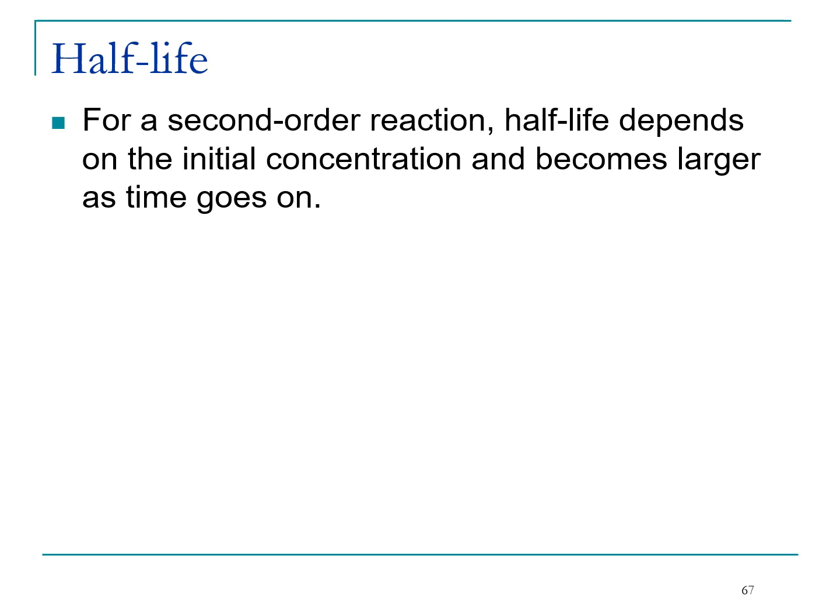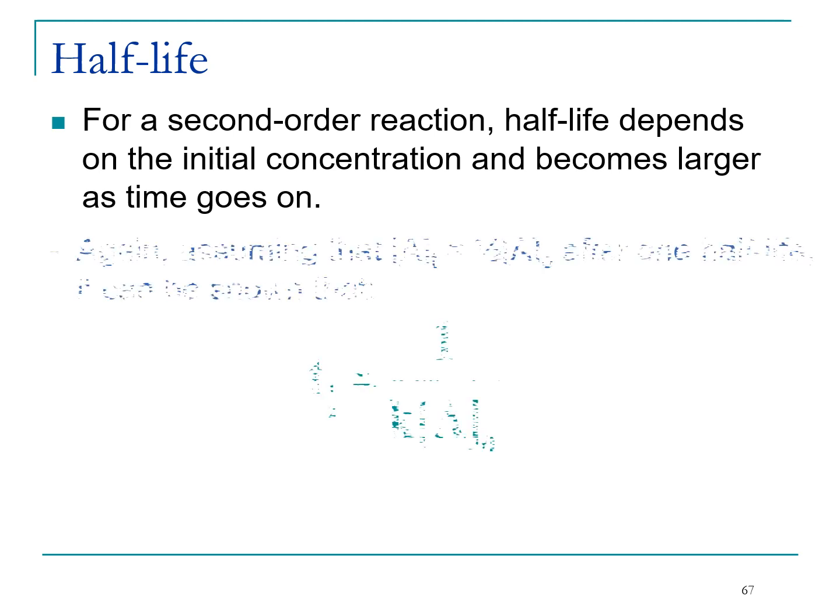Now, for a second order reaction, the half-life does depend on the initial concentration. The half-life will get larger as time goes on, because as your concentration decreases, your half-life is readjusted. So the half-life is not constant for a second order reaction. It will keep getting longer and longer because your concentration is decreasing each time.